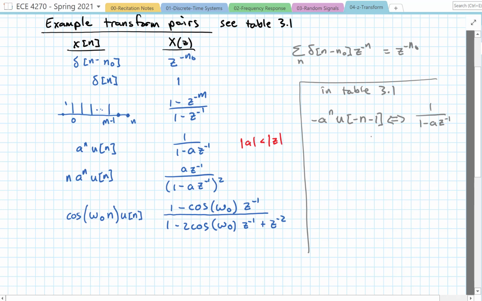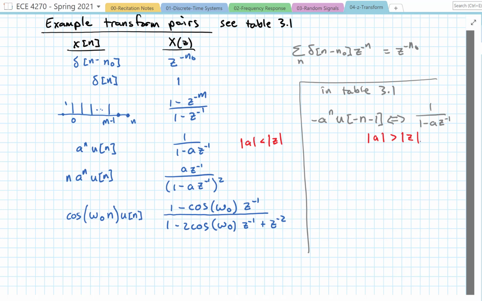But with this one, it's the other way around. Here we have a has to be greater than z. So your region of convergence depends on which direction you're going.